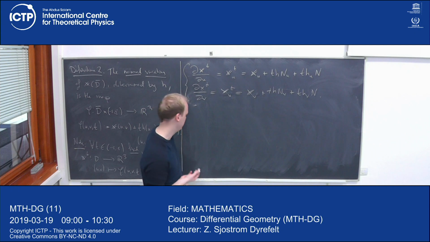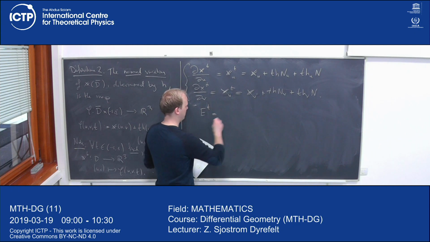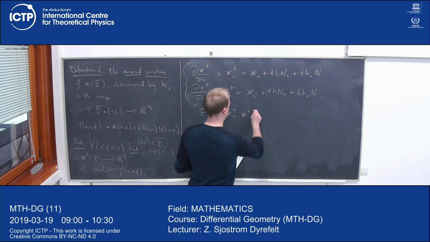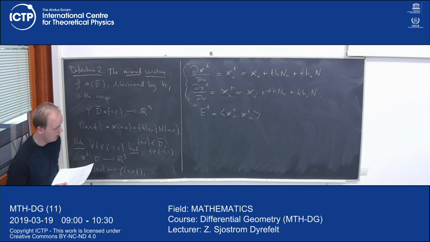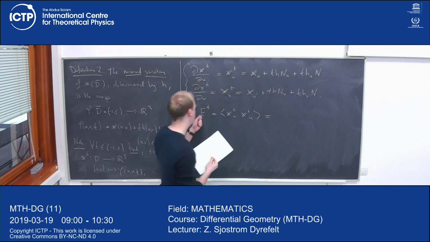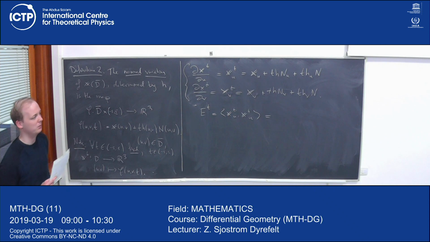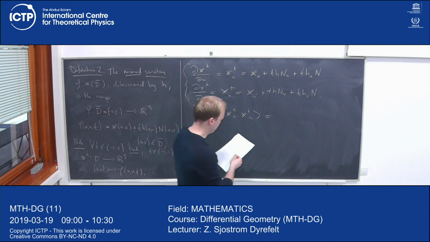So now we will denote by E_t, F_t, G_t the coefficients of the first fundamental form, with x_tu and so on. So we will have all these fundamental forms. If we compute this, then what do we get?